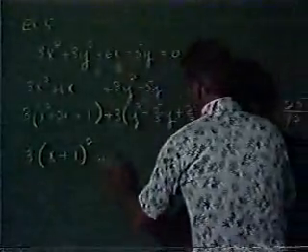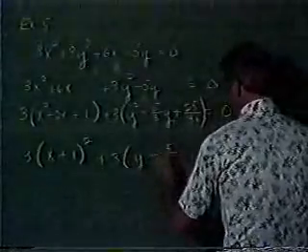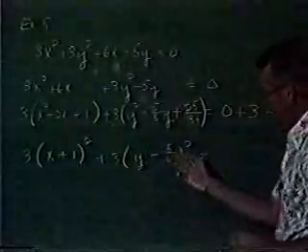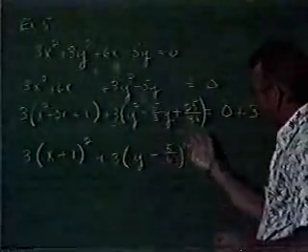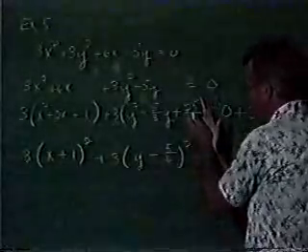All right, continuing this. This will then be 3 times (x plus 1) squared plus 3 times (y minus 5/6) squared. And this is why some teachers and some students don't write this as 25/36. They write it as (5/6) in parentheses squared.